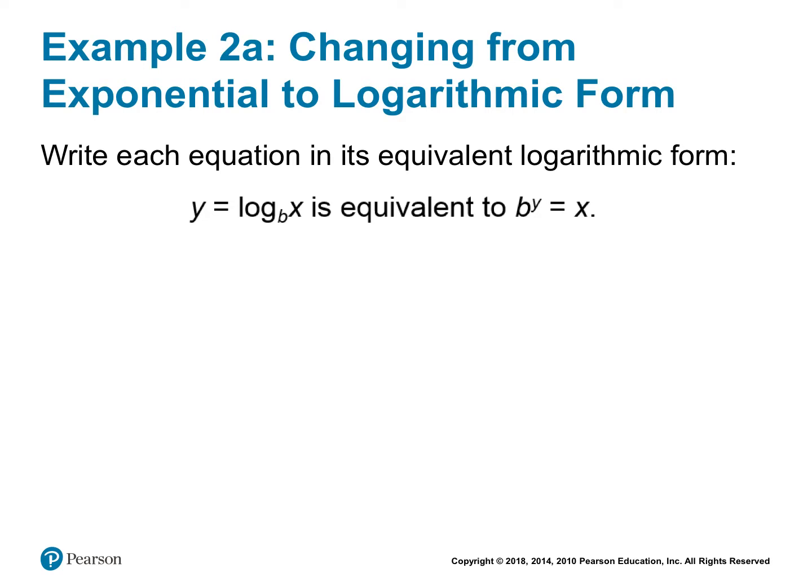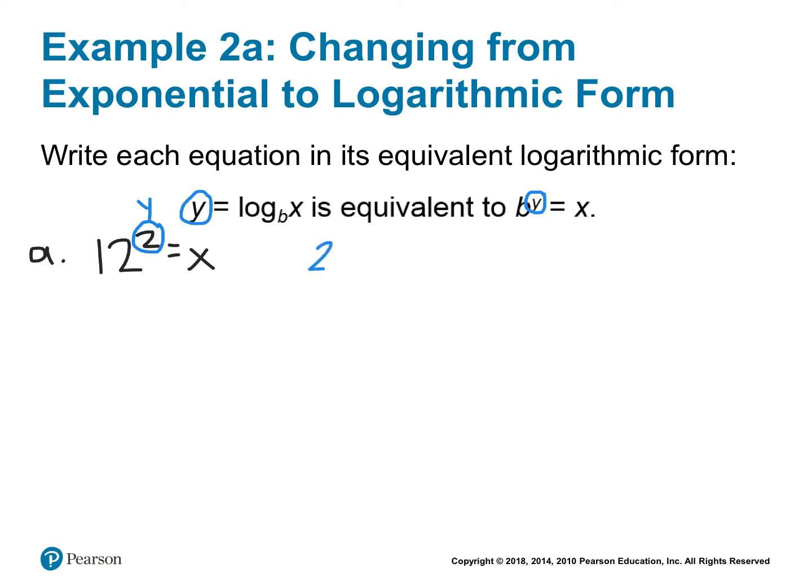Okay, example 2a, changing from exponential this time to logarithmic form. So this time we're going to go in the reverse. I'll go ahead and write our first example. We're going to be doing 12 to the second equals x. So this time it's starting in the b to the y equals x form. Let's just start with the y, since we're starting with y equals. So this would be the y.